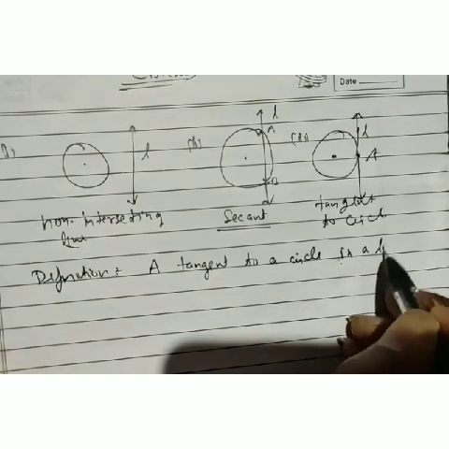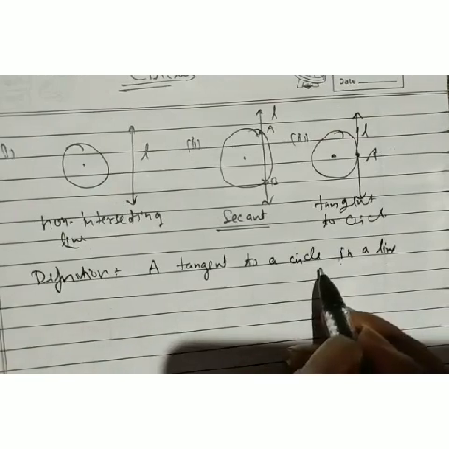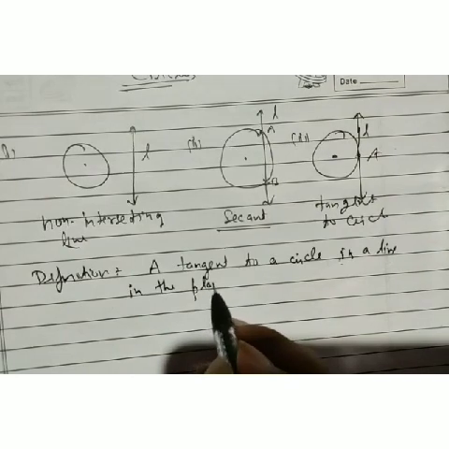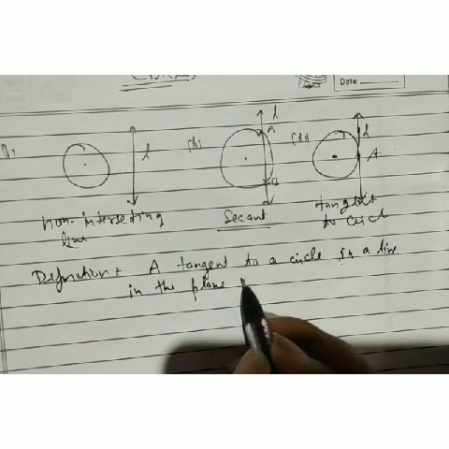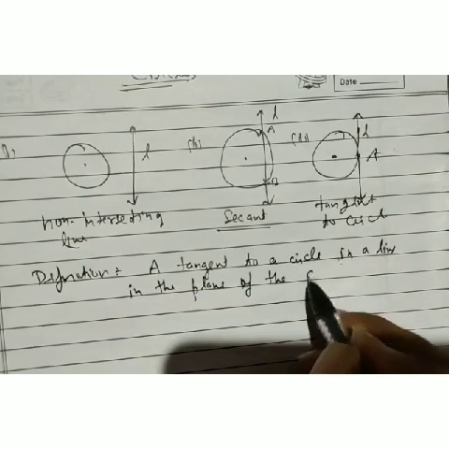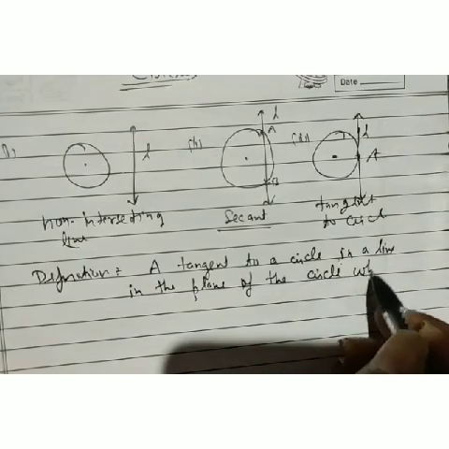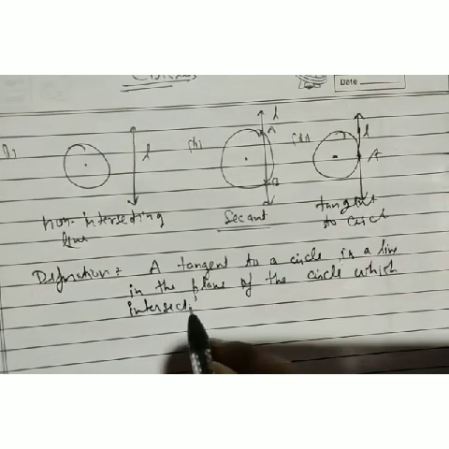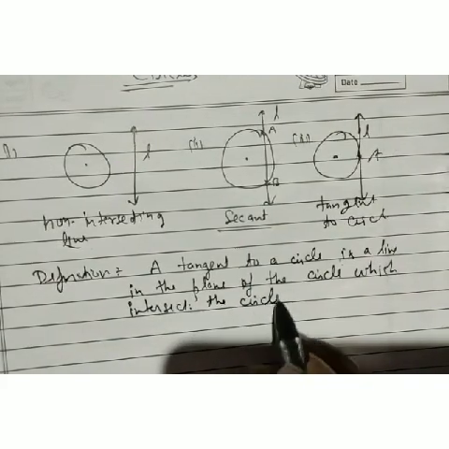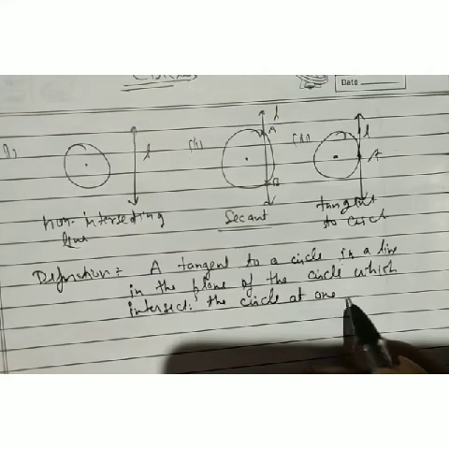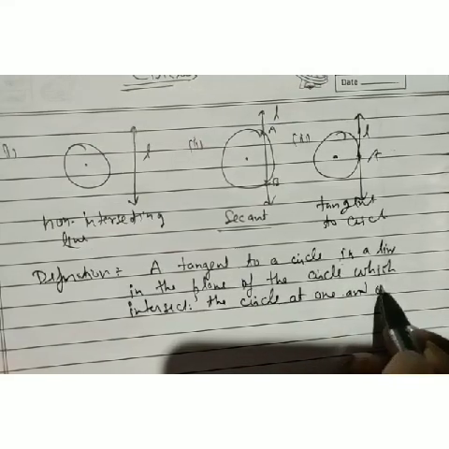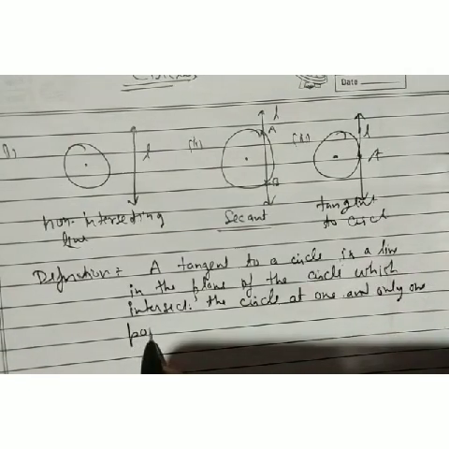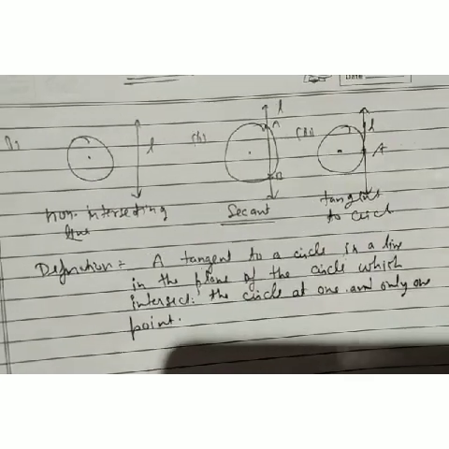A tangent to a circle is a line in the plane of the circle which intersects the circle at one and only one point.